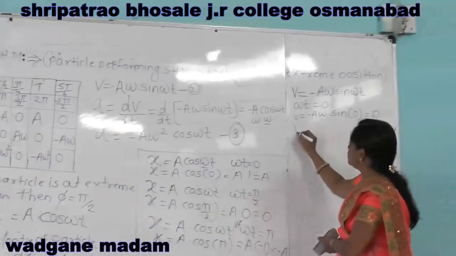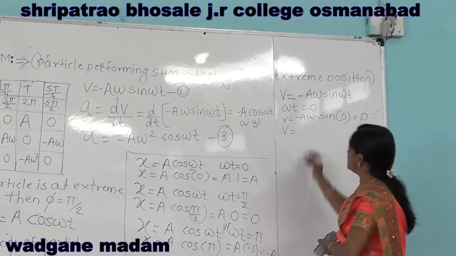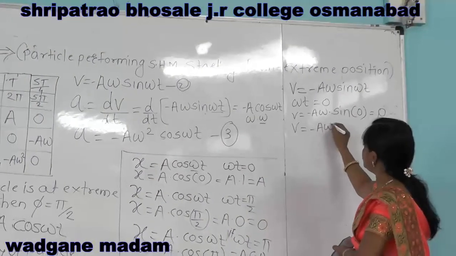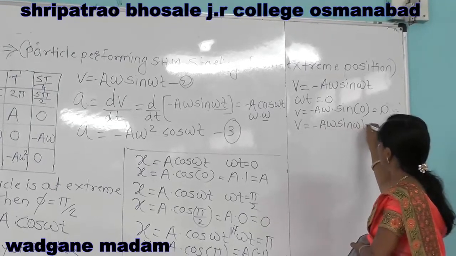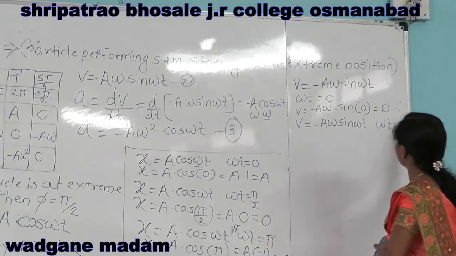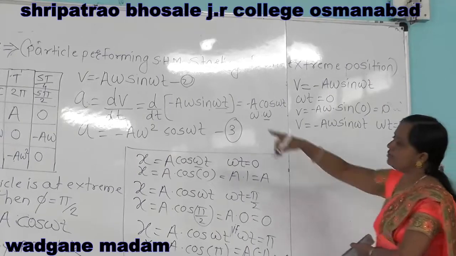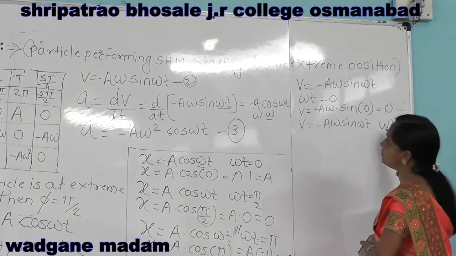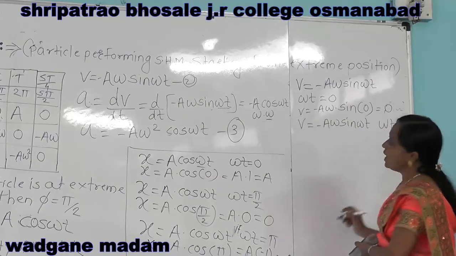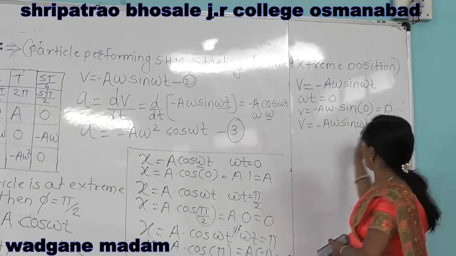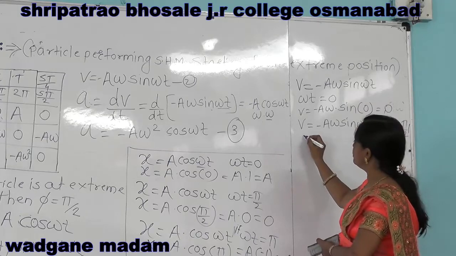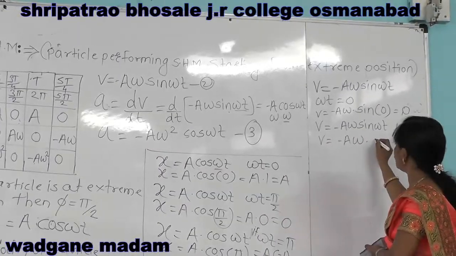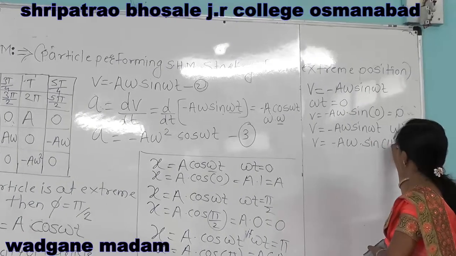After that, velocity v is equal to minus a omega sin omega t, when the phase is pi by 2.